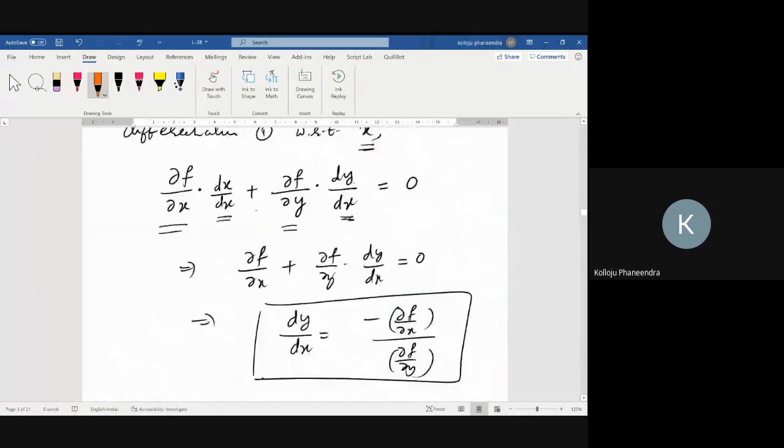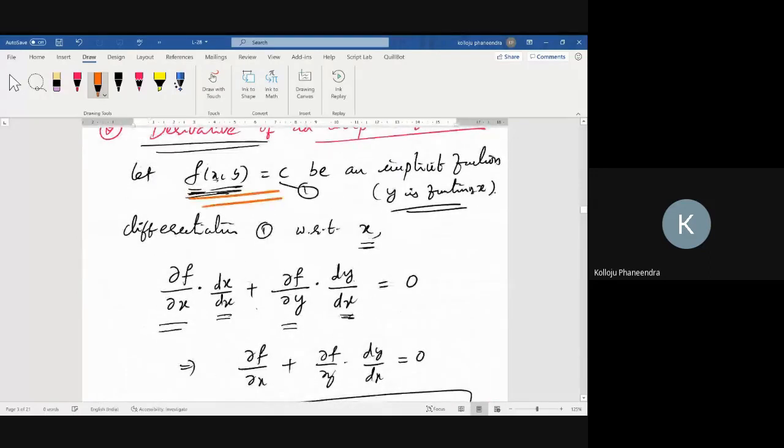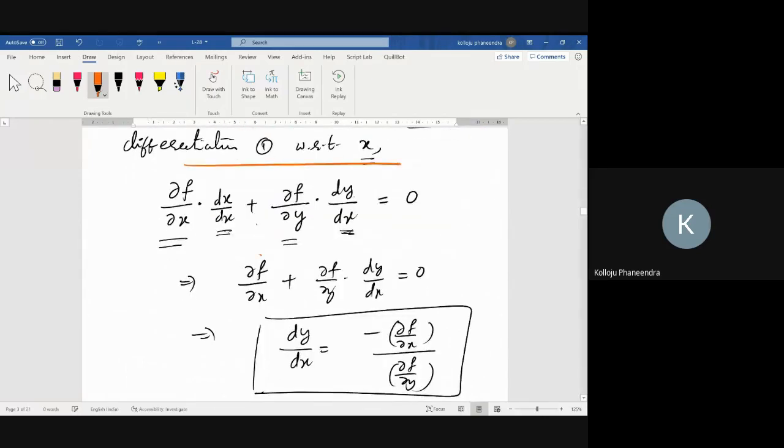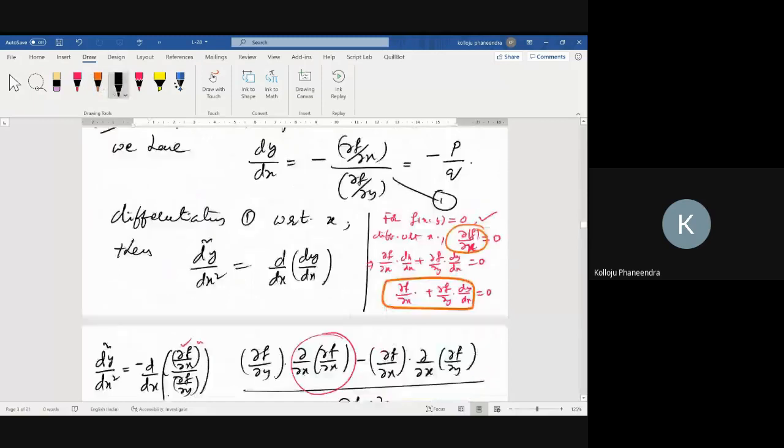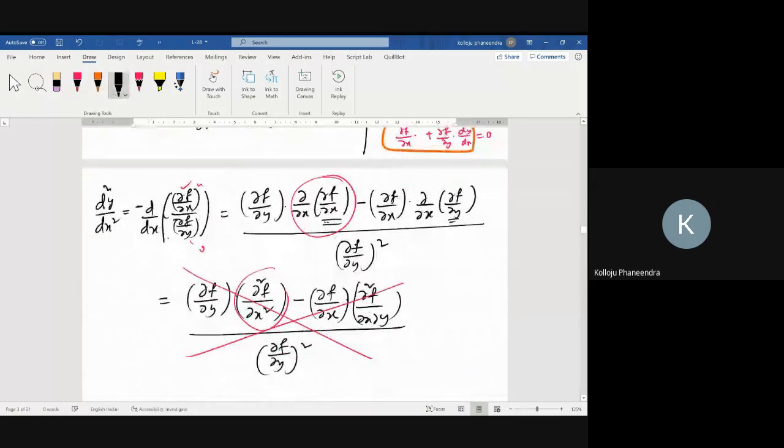Differentiating with respect to x, I get ∂f/∂x of the entire thing, the value of ∂f/∂x of (x,y), since f is a function of x and y. That is why this is the mistake.